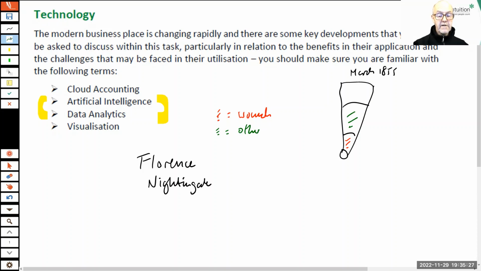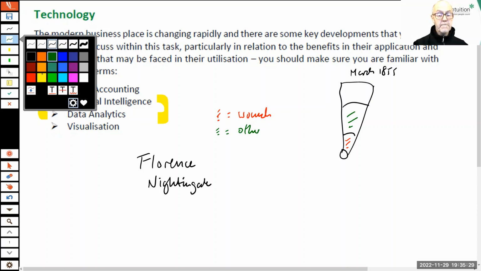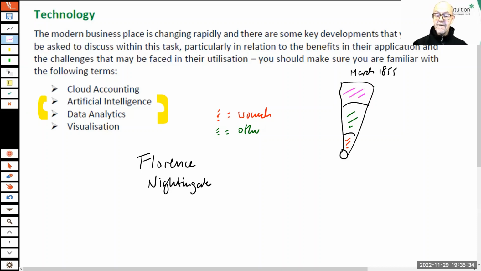And then at the top she would show the ones who died due to the conditions.